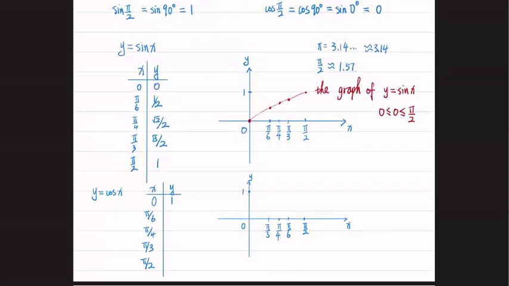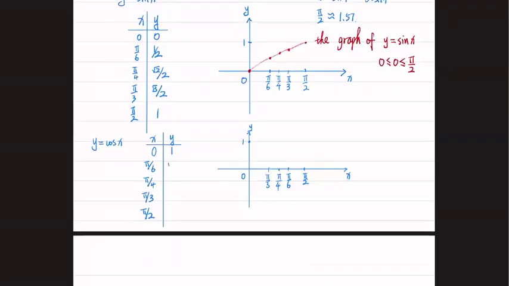Aaron, pi over 4: root 2 over 2. Kira, pi over 3: 1/2. And the last one is 0.